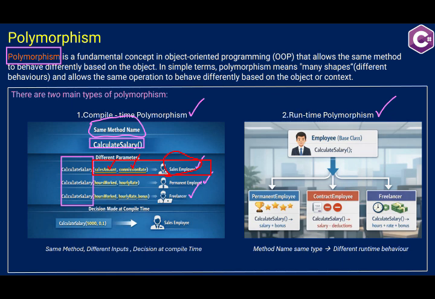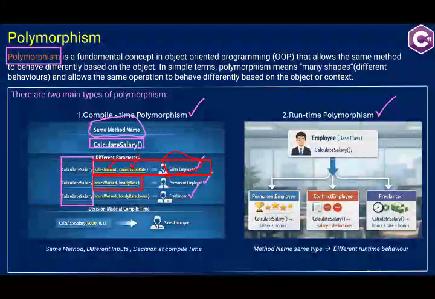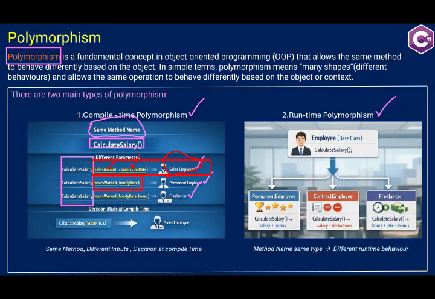And coming to the permanent employees, here also the parameters are different: hours worked, hourly rate. And coming to the freelancers, the parameters are different. Now, in compile-time polymorphism, your name CalculateSalary is the same, but it has different input parameters. That's called compile-time polymorphism.